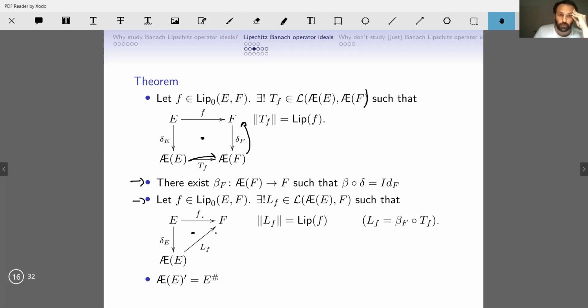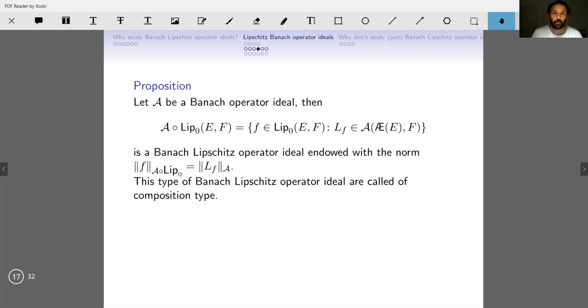And also, if here we put, instead of F, the real numbers R, we obtain that the dual space of the Rn space of E is exactly the Lipschitz dual space of E. Okay, so we will use the linearization of a Lipschitz mapping to construct a Lipschitz-Banach operator ideal.